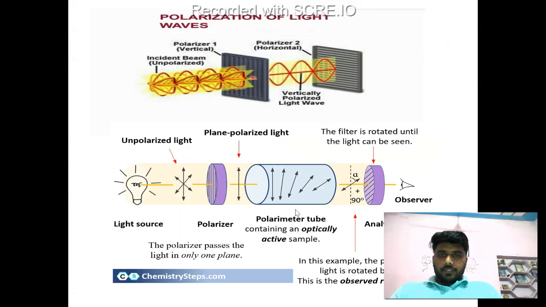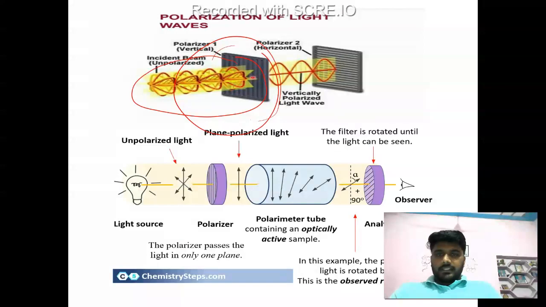If you see this figure, it defines the polarization of light waves. This is unpolarized light here. If there is a polarizer, it will convert it into single plane polarized light.